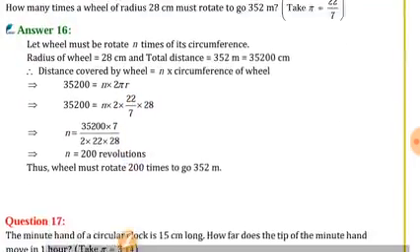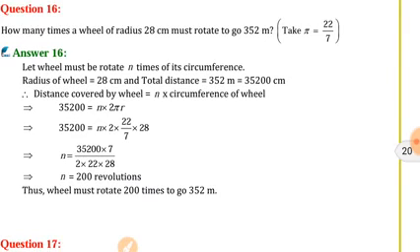16. How many times must a wheel of radius 28 centimeter rotate to go 352 meter? So for rotating, we have to find the circumference. How many times means we have to divide. Let the wheel rotate n times the circumference.